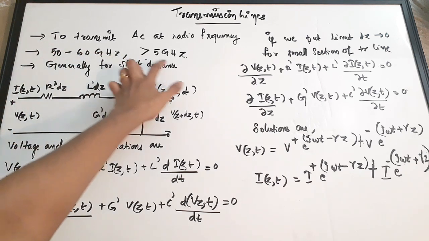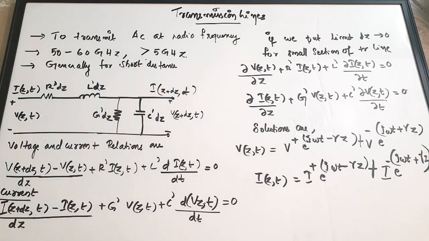Anyway, it should be greater than 5 gigahertz. They are generally used for short distance transmission only, because as the frequency increases there are more chances of losses in the transmission line. So they are generally used for short distances only.